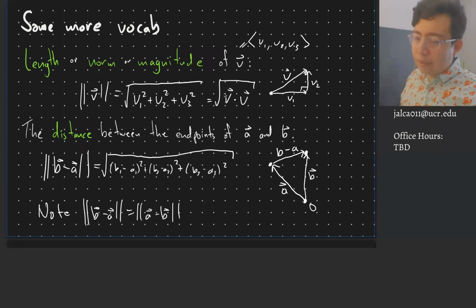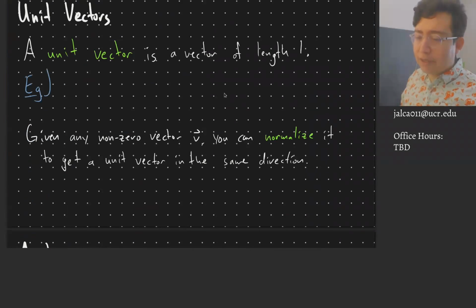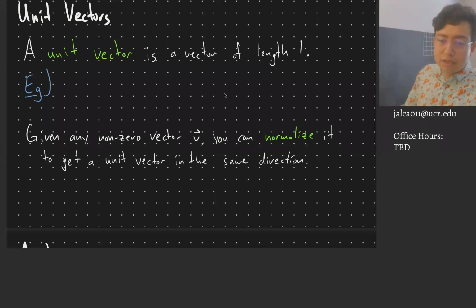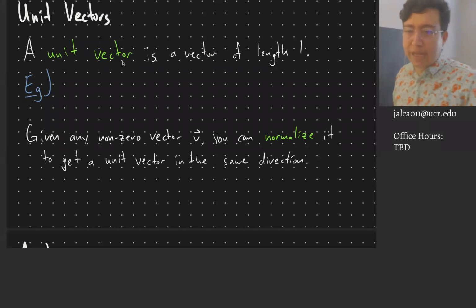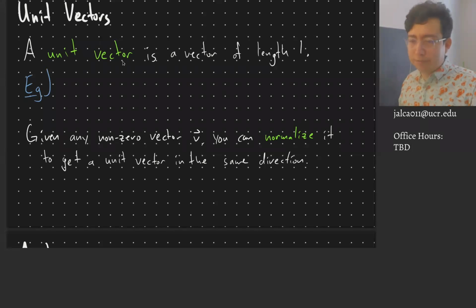Okay. So the next thing I want to talk about is unit vectors. A unit vector is nothing super special. The word unit means one, right? So a unit vector is just a vector that has length one. Some examples we'll see right off the bat are the standard basis vectors that we talked about last time: 1, 0, 0; 0, 1, 0; and 0, 0, 1.